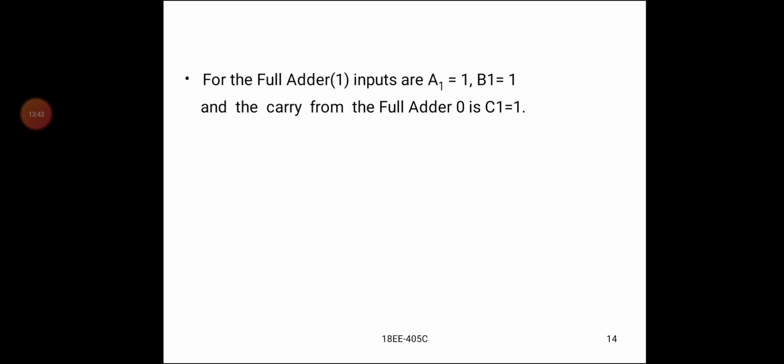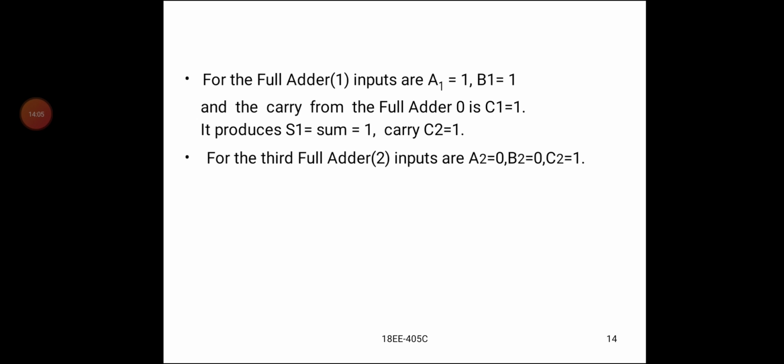For the second full adder, inputs are A1 equivalent to B1 equivalent to 1, and the carry from the first full adder is C1 equivalent to 1. It produces sum S1 equivalent to 1, carry C2 equivalent to 1.